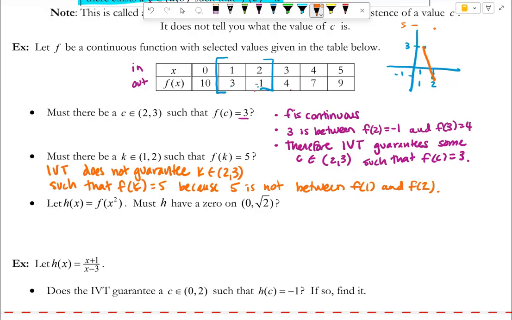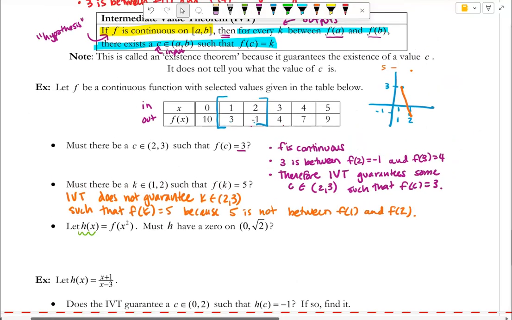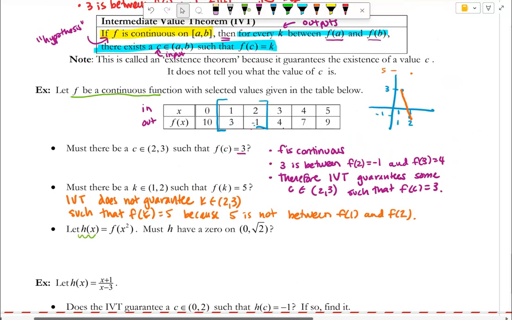All right, the last bullet point: h of x is f of x squared. Must h have a 0 on this interval? Well, remember, to use the intermediate value theorem, we would have to know that h is continuous. We were only given the fact that f is continuous.